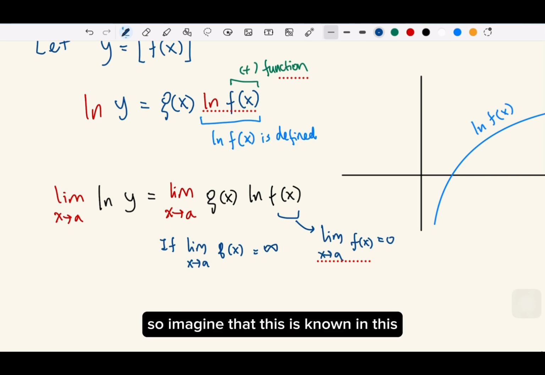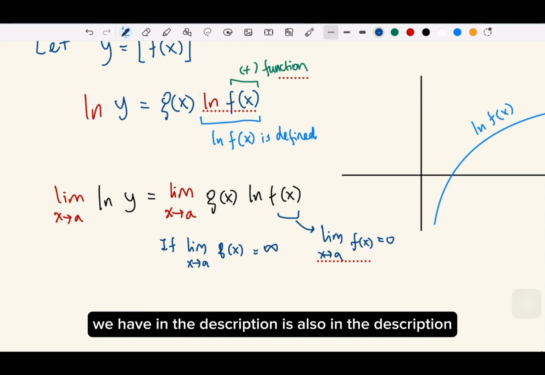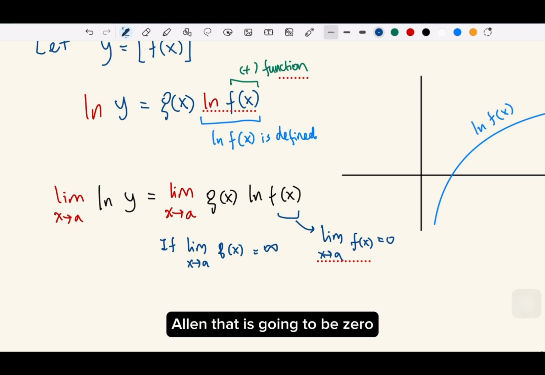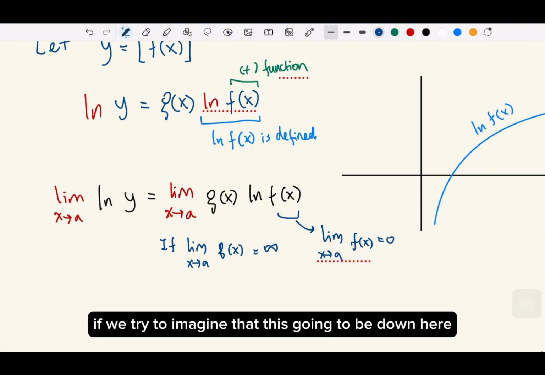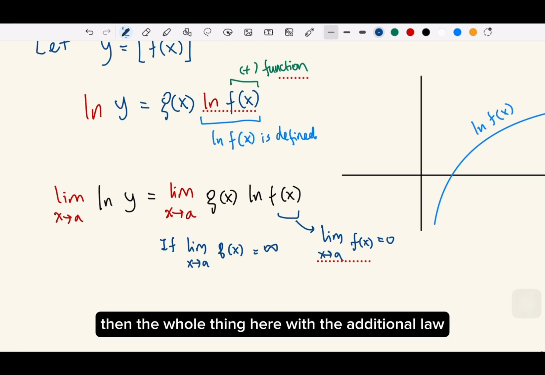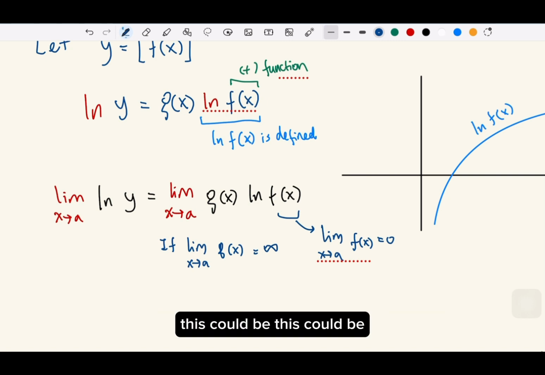Imagine that this is known, this is in the description, but how about the ln? The ln is going to be down here, right? So suppose that this value is negative. So from these two descriptions, the whole thing with the additional log could be this.